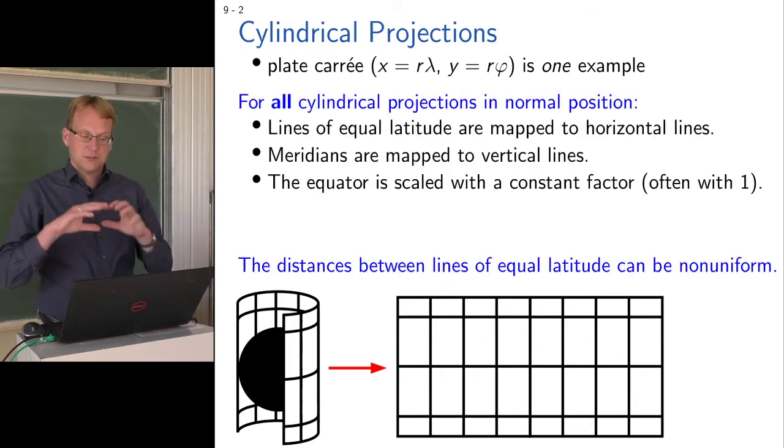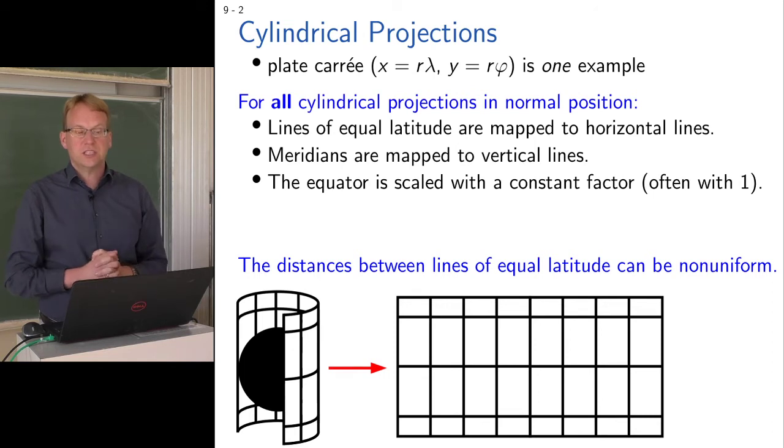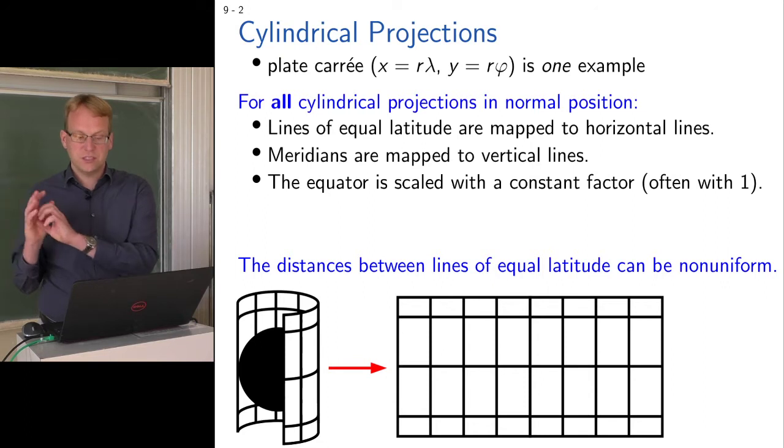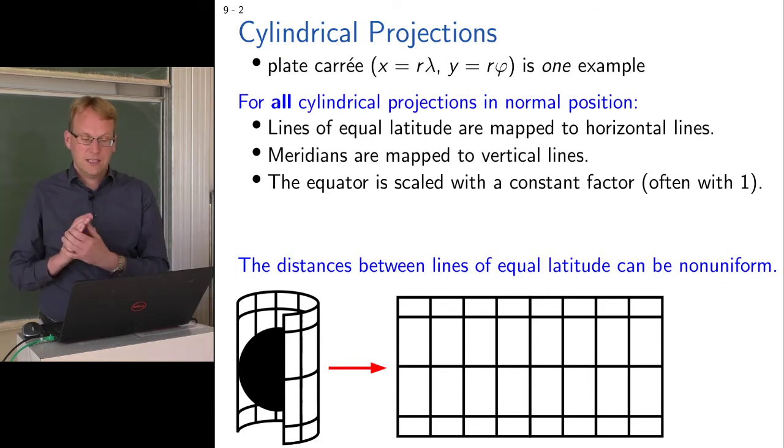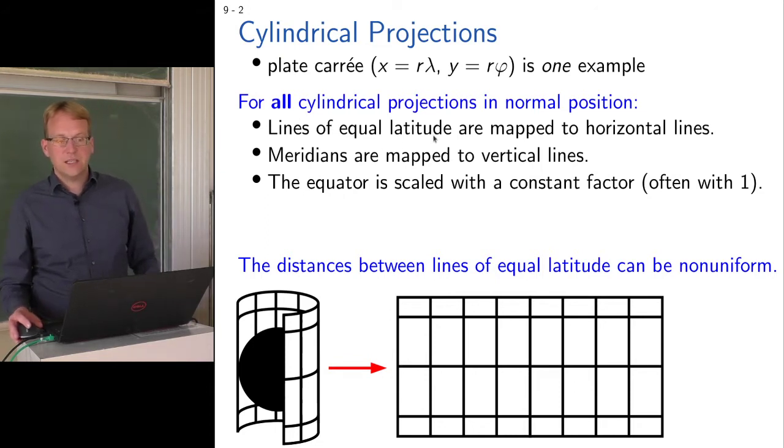So what is common for all cylindrical projections? I should say for all cylindrical projections in normal position. There are also other positions, I will come to that later. But for all cylindrical projections in normal position, we have lines of equal latitude mapped to horizontal lines. Here you can see lines of equal latitude. This horizontal line here is displayed like this in the map projection.